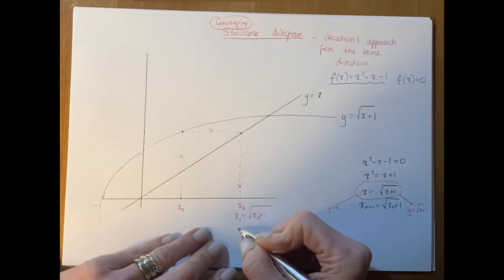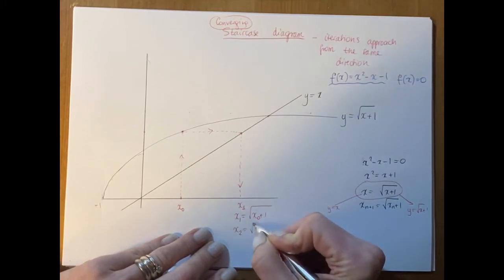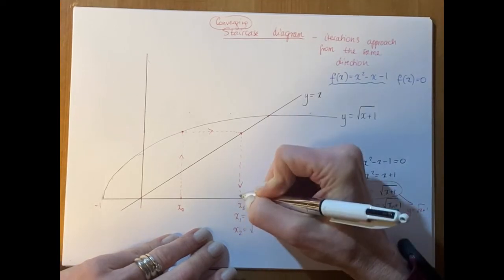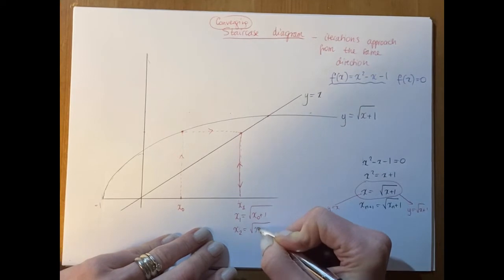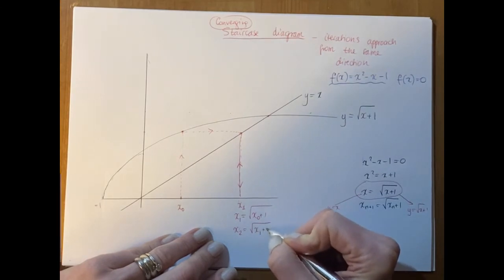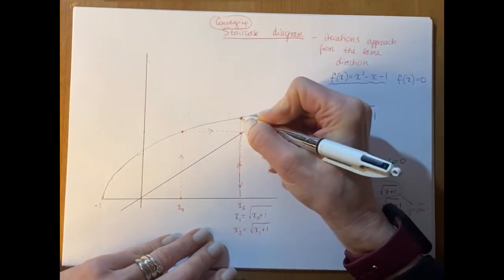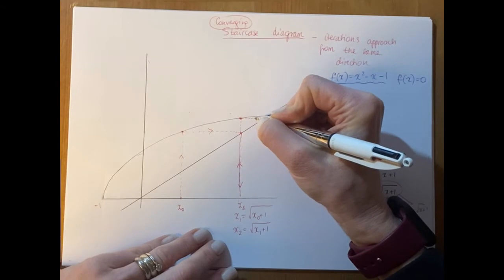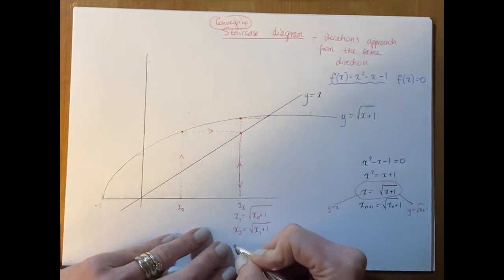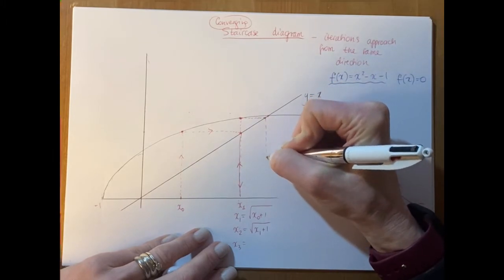Now the next iteration allows you to repeat the process, and you're going to substitute that x1, go back again, and sub it into the curve, and the curve is going to generate its y value, but that becomes the x value once you put it back into this equation.